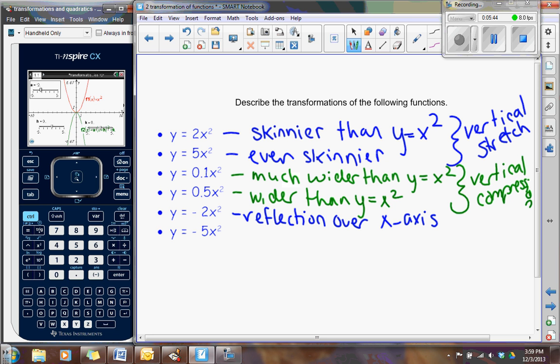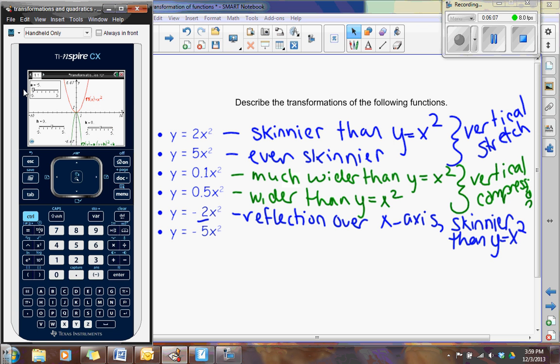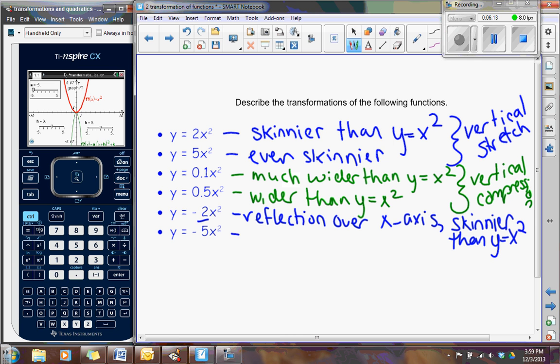So the fact that it's reflecting over the x-axis is just due to the fact that a is negative, and the fact that it's a negative 2, not a negative 1, is going to make it, again, skinnier than y equals x squared. And just like you'd expect, when a is negative 5, it's going to be even skinnier, and it's still going to be reflected over the x-axis. So same thing, just even skinnier.